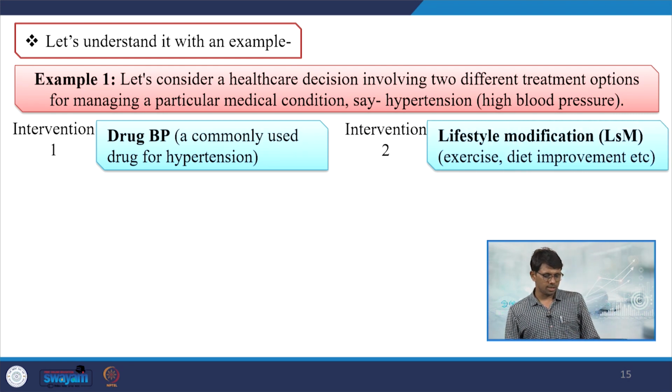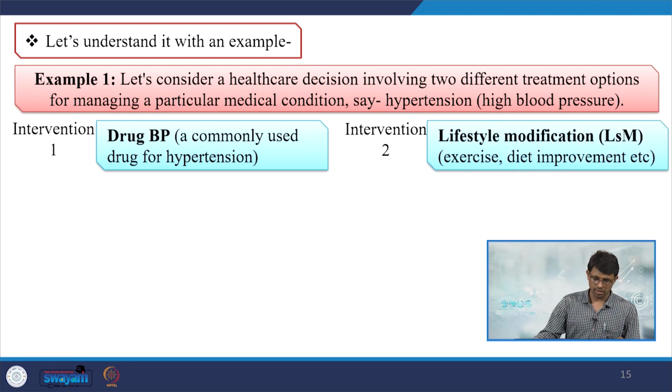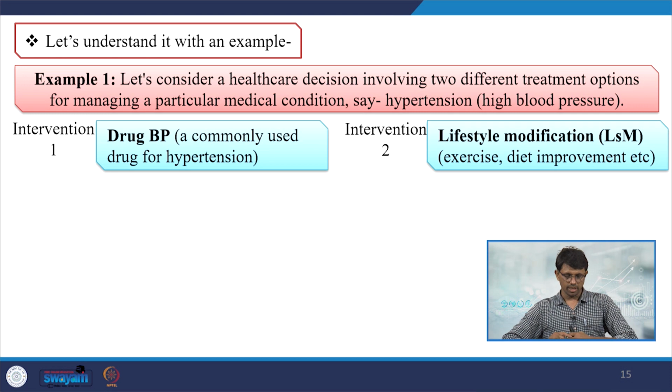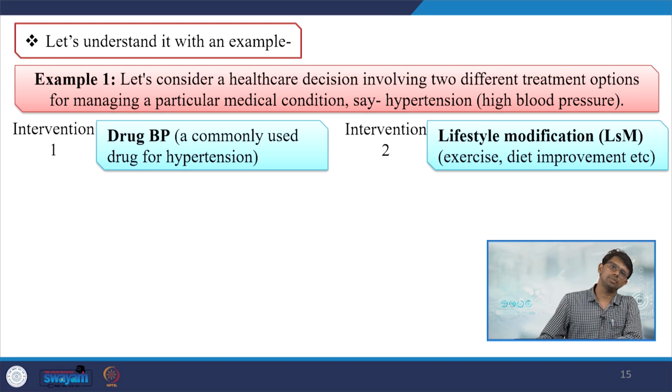We will just try to understand this through another example. Here we are taking two cases, that is, a healthcare decision involving two different treatment options for managing a particular medical condition such as hypertension, where the blood pressure is measured. Usually high blood pressure is counted.